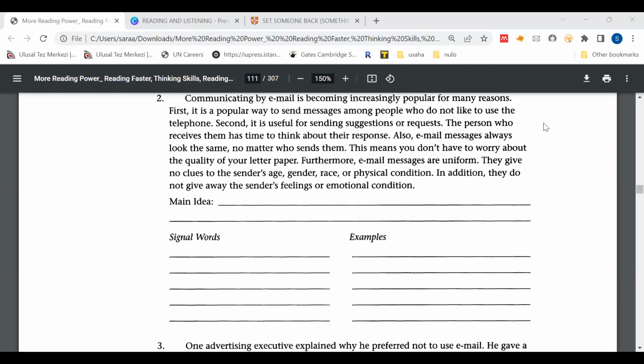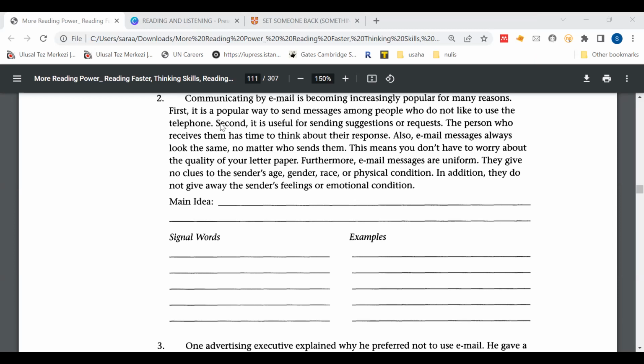First, it is a popular way to send messages among people who do not like to use the telephone.